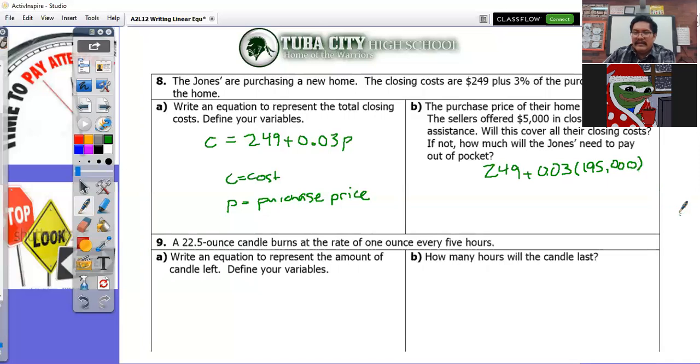Now, if you're in the bank and you're trying to get a loan for a car or a house, that percentage rate is actually called the APR, and that is a percentage of how much you pay. So 3% doesn't seem like a whole lot, but take 3% times 195,000 and you get 5,850.